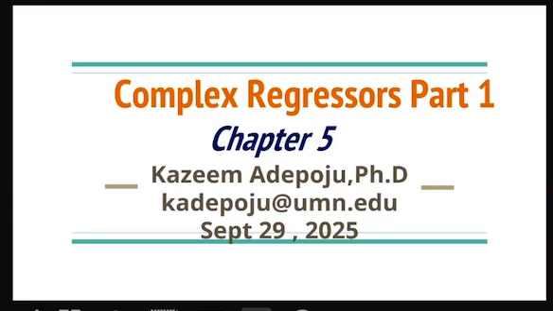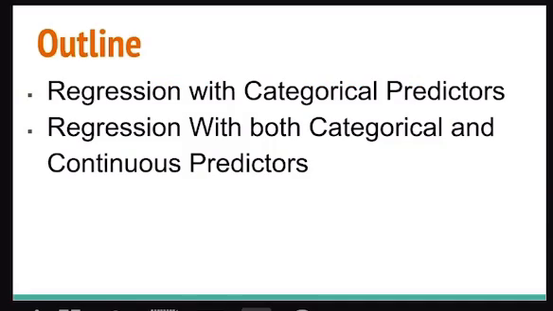So in the outline today, I'm going to walk us through situations where I only have categorical predictors in my model, and how we can interpret that. Number one, how can we set up our model with only categorical predictors? How can we set up our model when we have a combination of categorical predictors and continuous predictors?